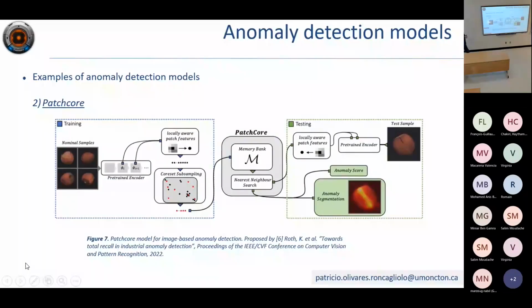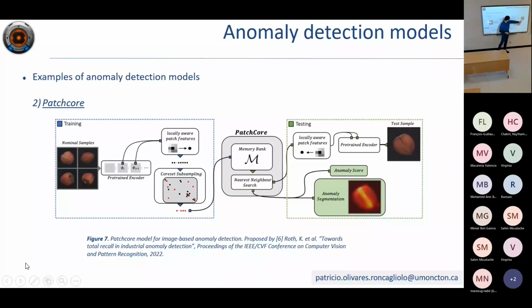And here's how this works. You will have some samples in the training process and a pre-trained deep learning architecture. You can use whatever deep learning architecture with transfer learning in order to learn the features for every single patch. You will represent this as a memory bank, which will be transposed here, holding the features for the patches that you learned.